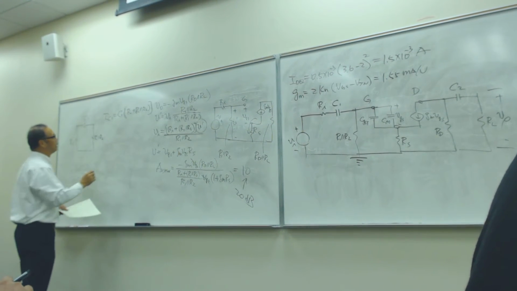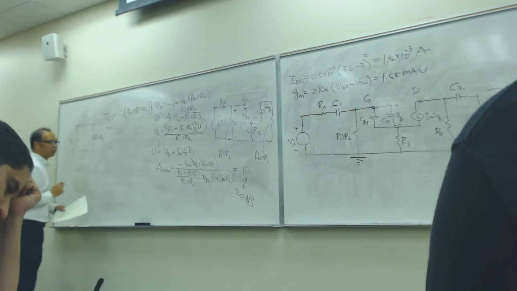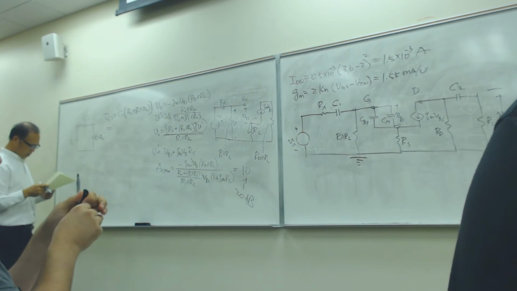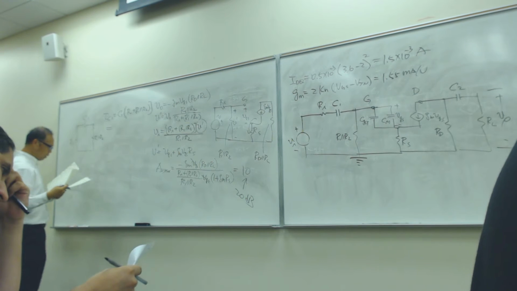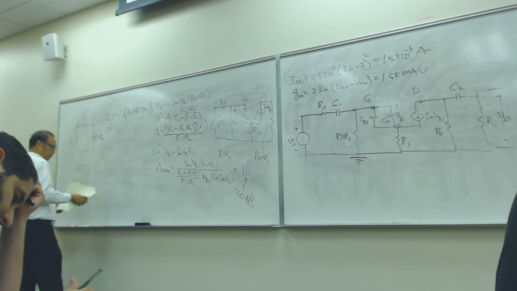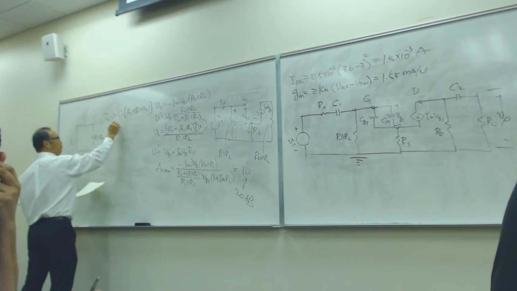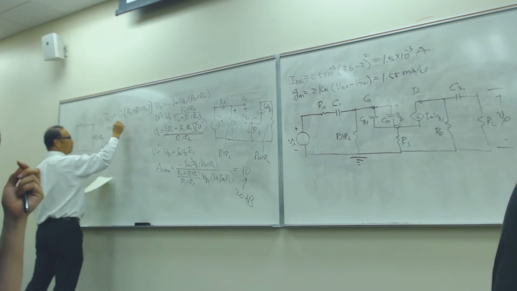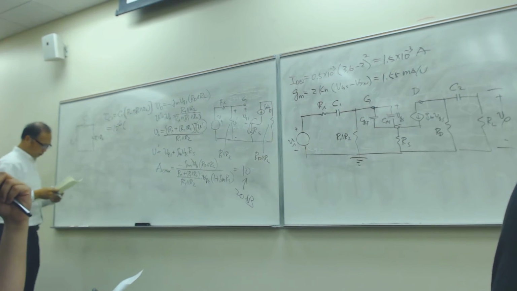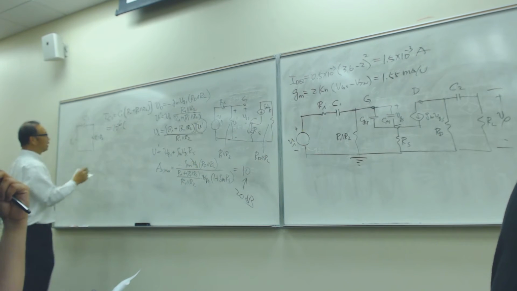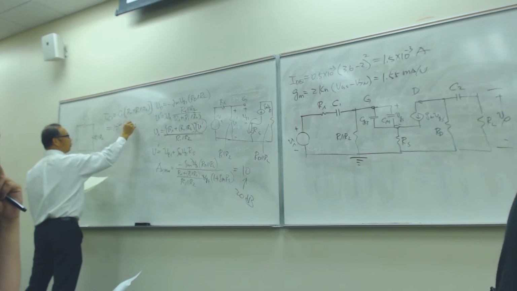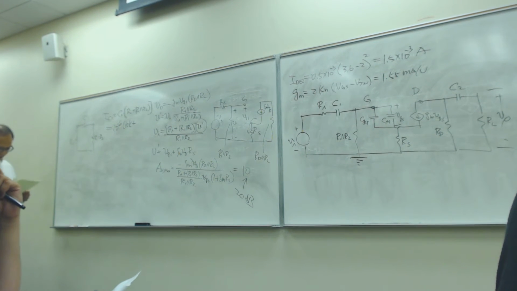All right. And what is C1? C1 is 1 microfarad, right? So it's 10 to the minus 6 times R sub I. R sub I is 10K plus R1 in parallel with R2.